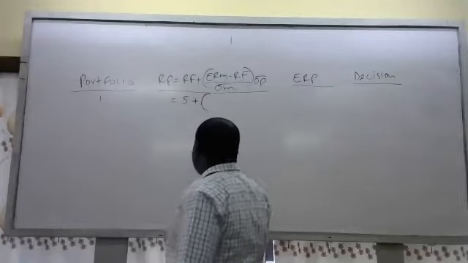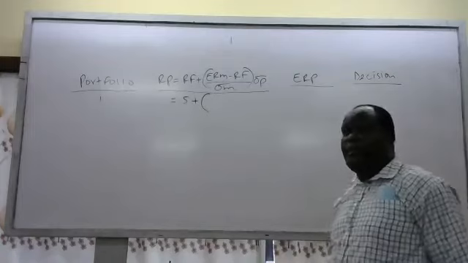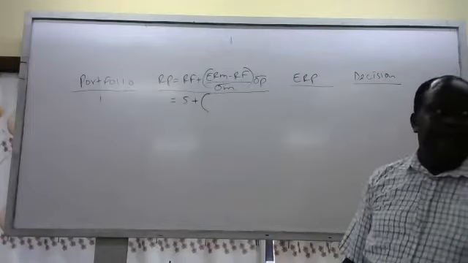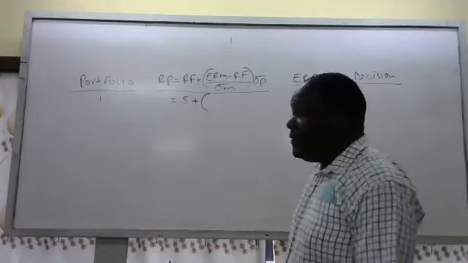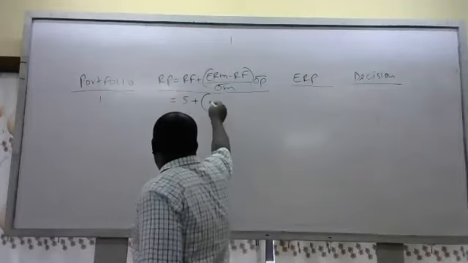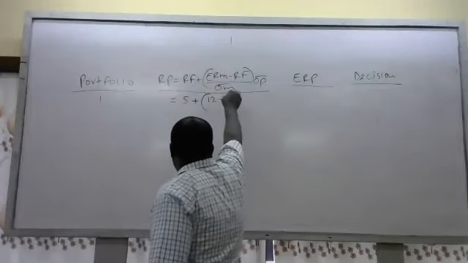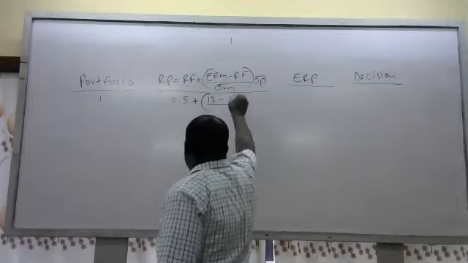Then plus the expected return for the market, 12%, minus 5, still in the same paragraph.